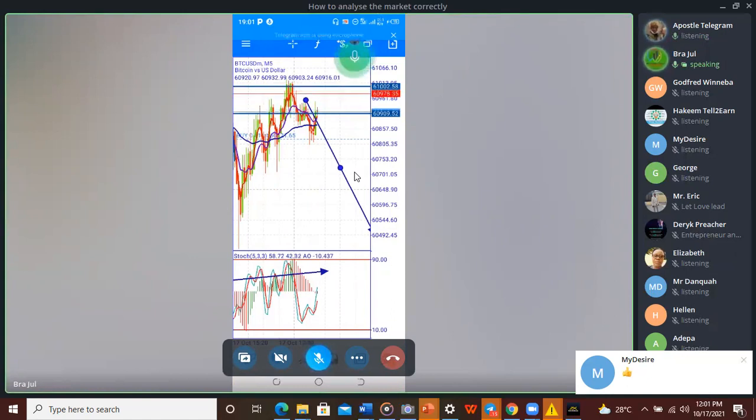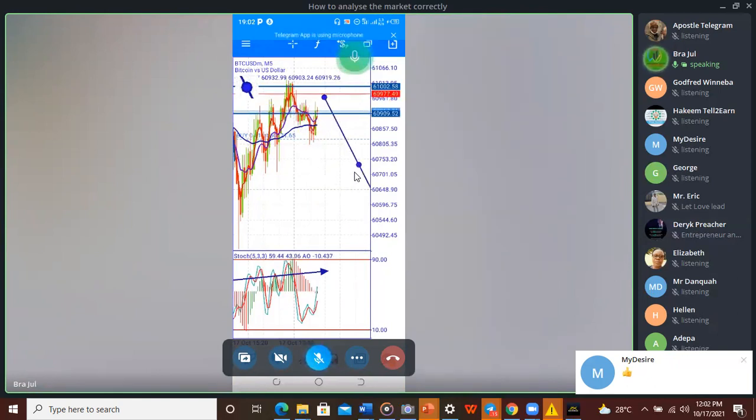So you see that at the time when these small candles were forming, I was saying that it was showing the market is going to change direction, because there are weak bearish candles forming over here, which has given the power to the buyers to now go up.